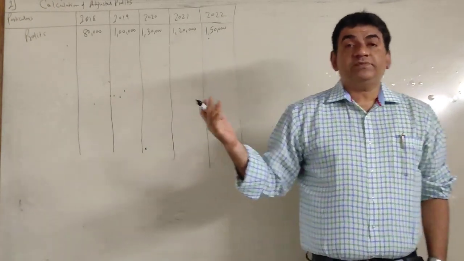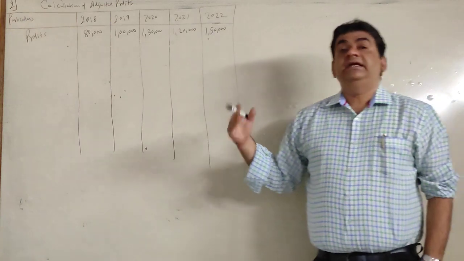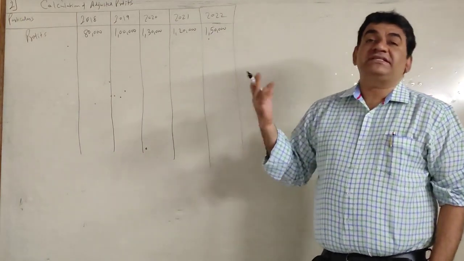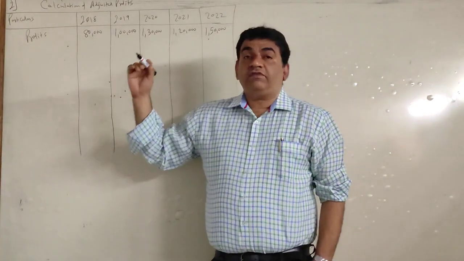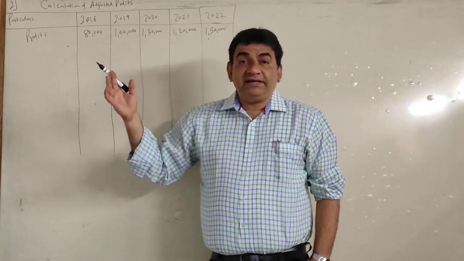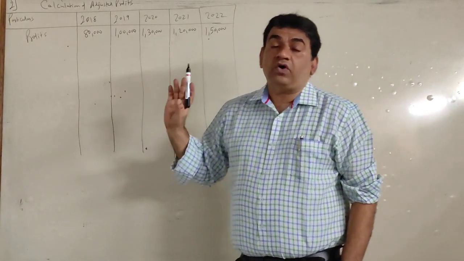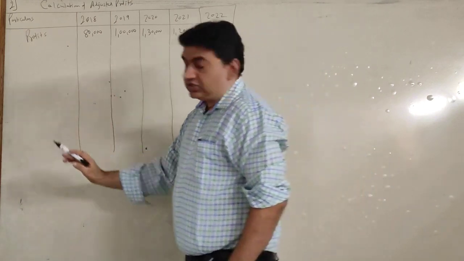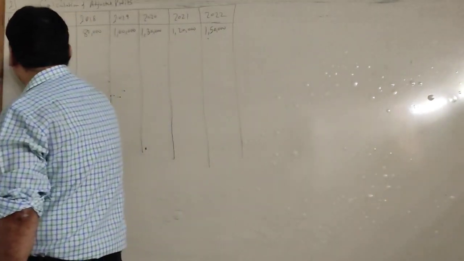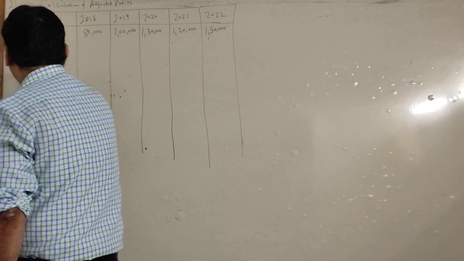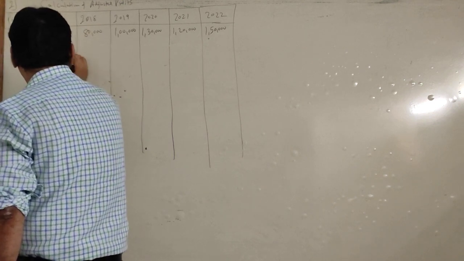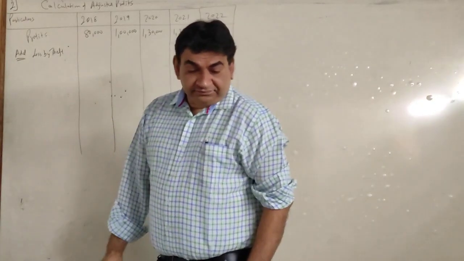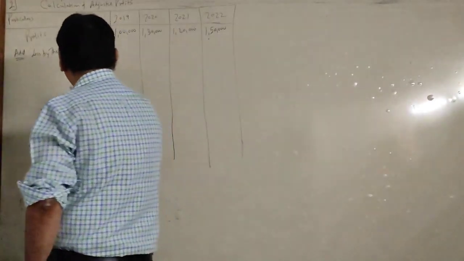Again, it is not an expense which is a regular business activity. It is a one-off transaction which may sometimes happen. So because of that loss, your profit has come down. So add it back because it's not a normal operating expense. So add loss by theft, that is 10,000.